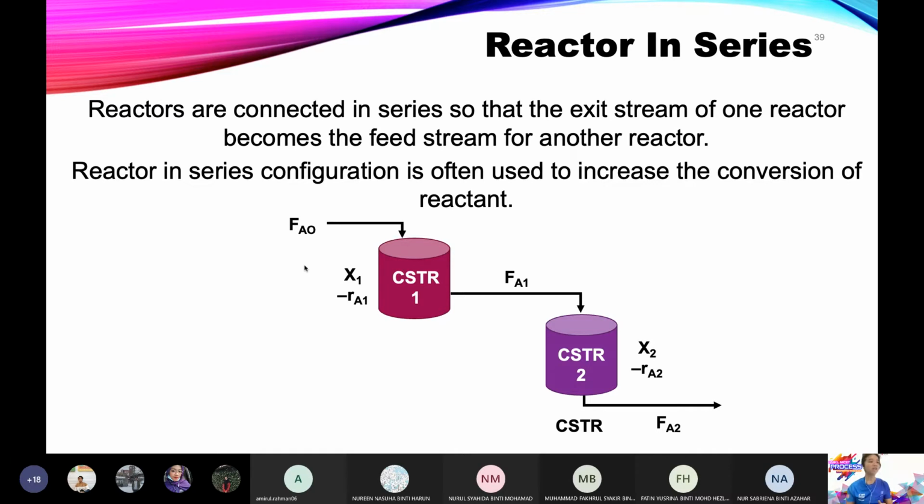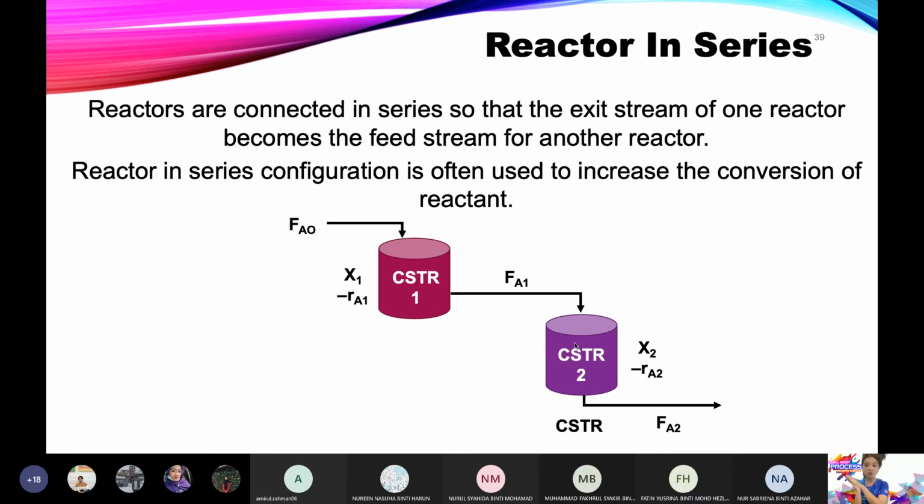Okay. Then we have FA1. What is FA1? FA1 is the outlet molar flow rate of reactor 1, which is also the inlet molar flow rate to the reactor 2. Kamu kena ingat yang mengalir keluar reaktor 1 adalah juga yang mengalir masuk kepada reaktor kedua, FA1. So FA1 you cannot manipulate, you cannot control, you cannot adjust.